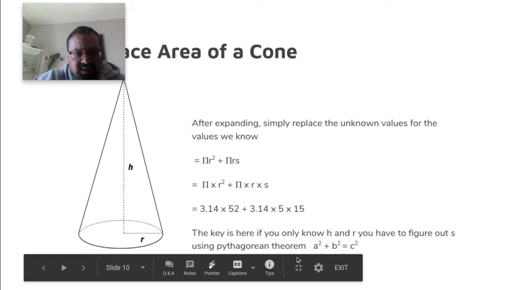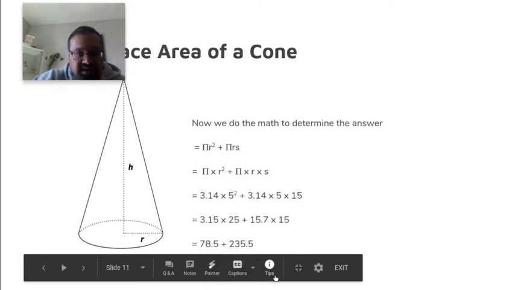What you can't see here in the hidden values is that I actually placed values on the bottom, right underneath here, which were 5 for the radius and 15 for the side value.